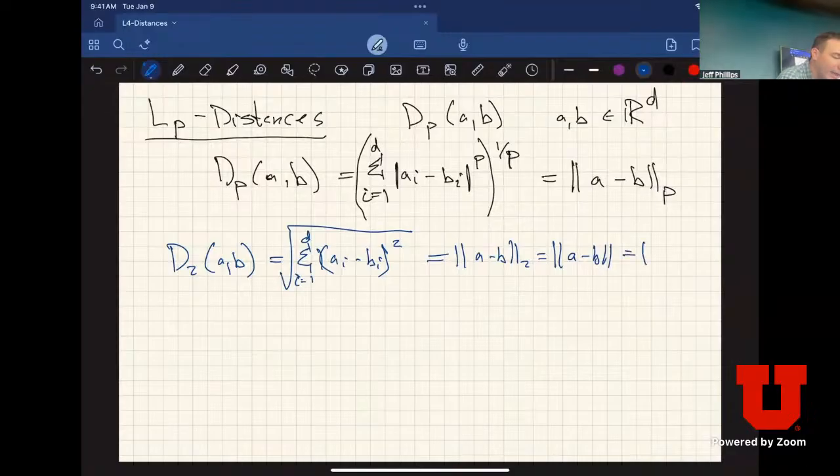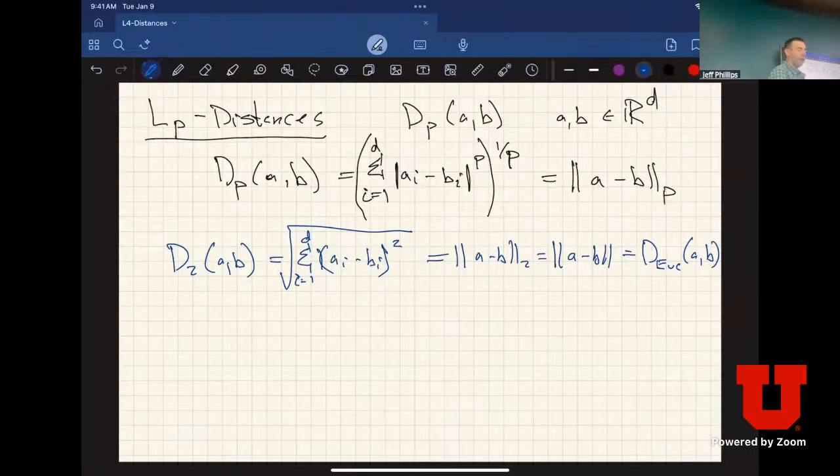And this is again the Euclidean distance between A and B. This is the straight line distance we had on the first slide. Okay, so this is the standard way you measure distance between two things with a straight line, the Euclidean distance. It's an example of an LP distance. Okay, I will tell you all LP distances are going to be metrics for certain values of P.